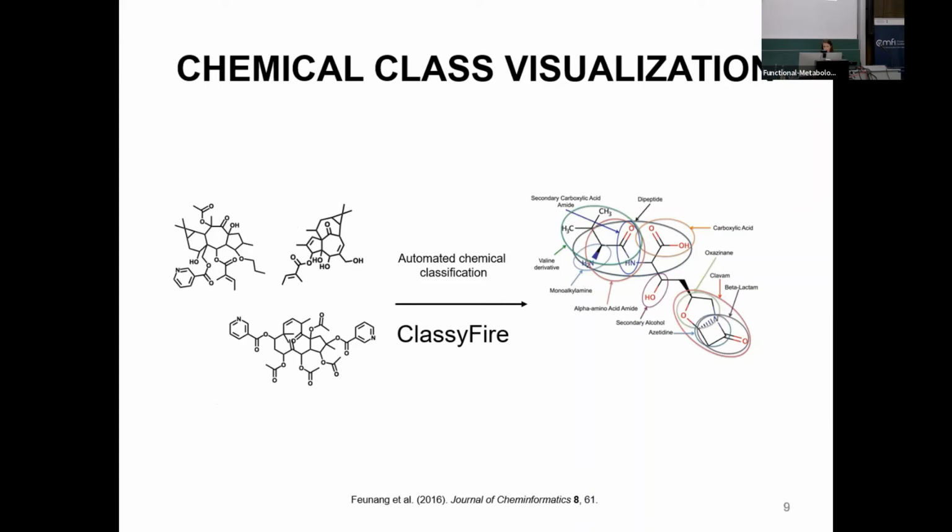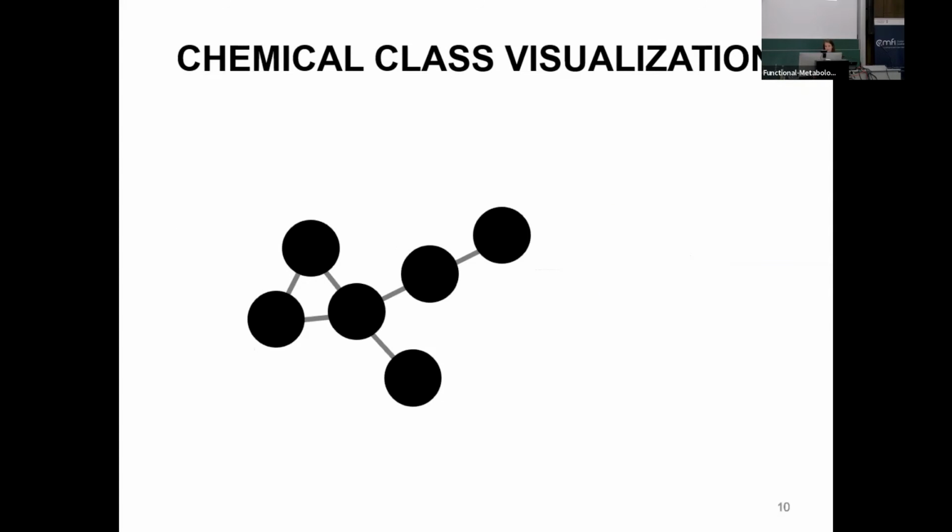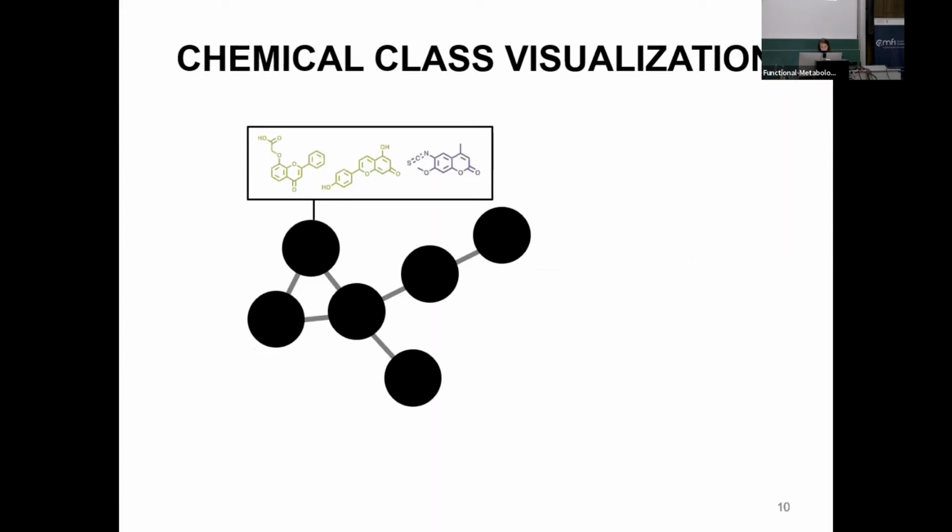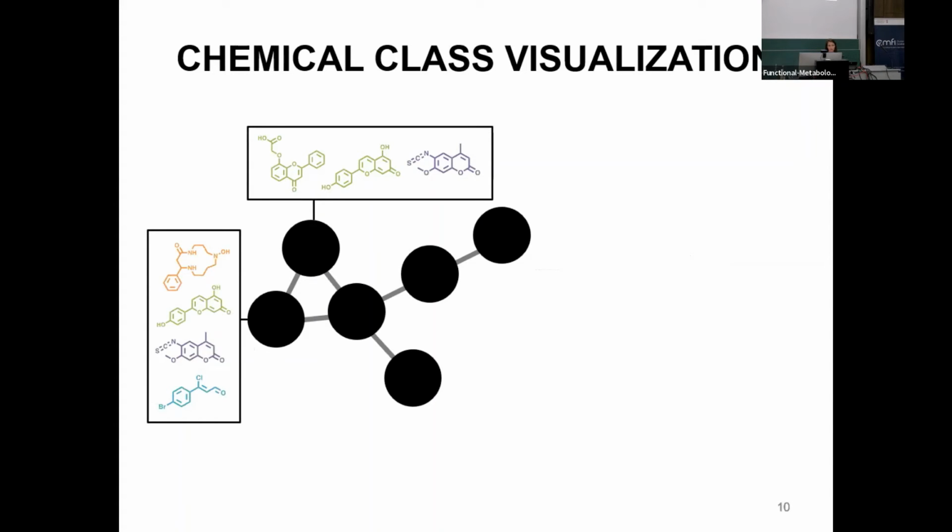So basically, it's a tool where you submit SMILES structures, and classifier will give you these chemical classifications. So there's different hierarchical levels, chemical ontology, basically, that also Kai, I think, already nicely introduced. And then on the network, we will explore, so we get different matches, right, per mass spectra.